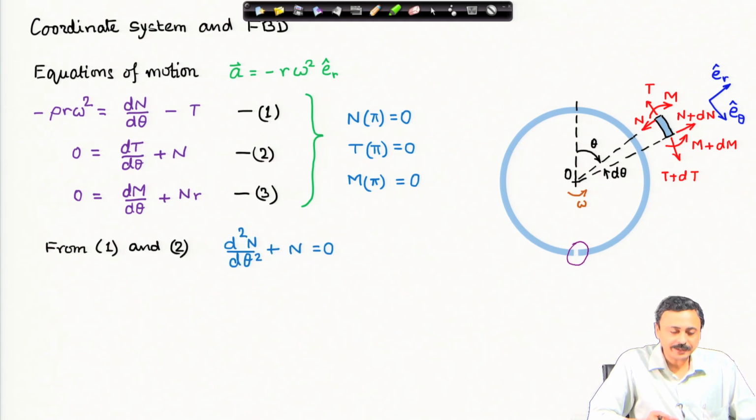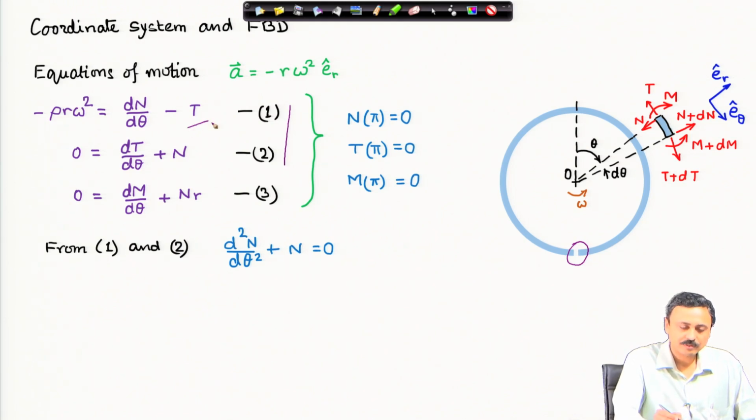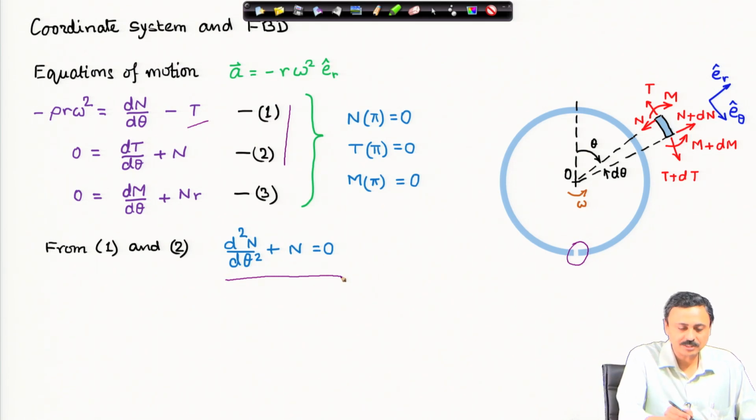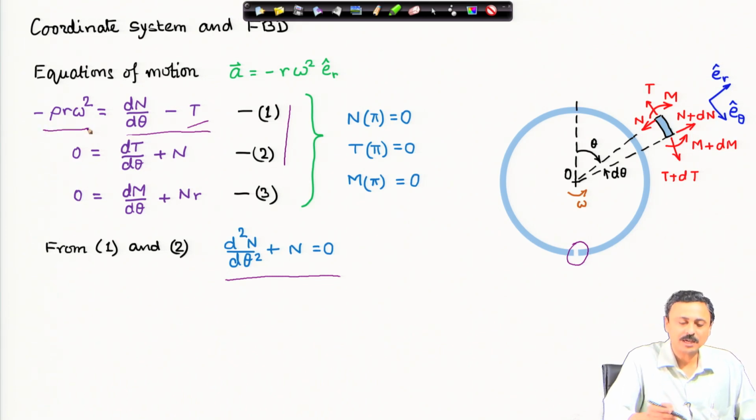I start integrating, but I first simplify using these two equations 1 and 2. I eliminate T, and I get an equation for dN/dθ. If I just differentiate this with respect to theta, the left hand side is not a function of theta.